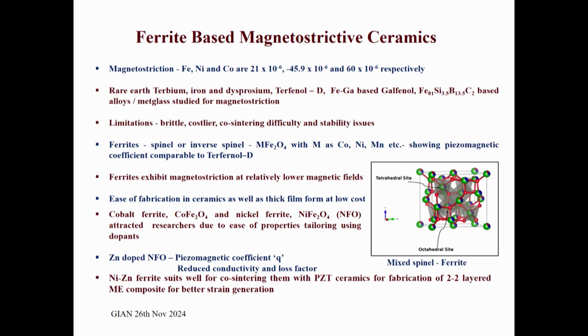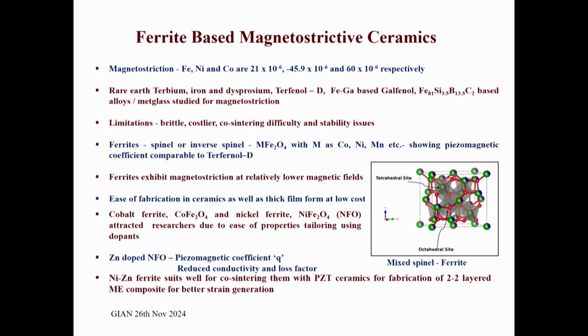In this ferrite, Fe is a trivalent metal ion, M is a divalent metal ion, typically iron, nickel, cobalt, and O is oxygen. One unit cell of this kind of spinel ferrite consists of 8 molecules. This is one molecule, and such 8 molecules are distributed.